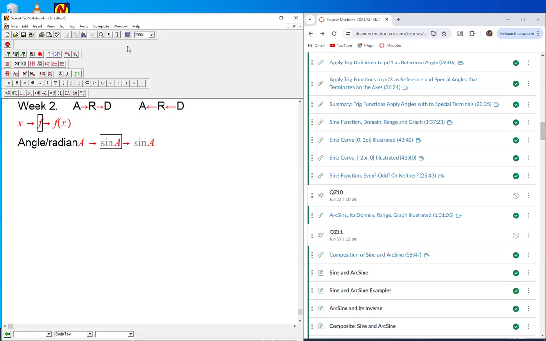It doesn't matter, degree or radian. In this semester, we want you to shift from degree to radian. So you only use radians, because in calculus, you only use radians. So that's the setting.